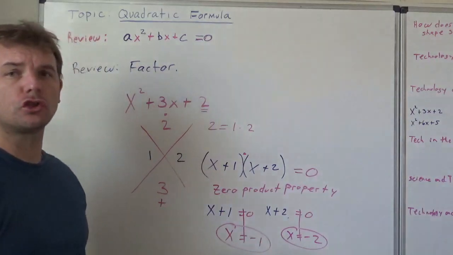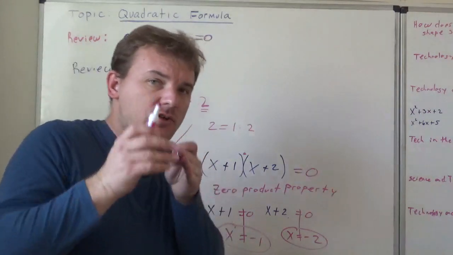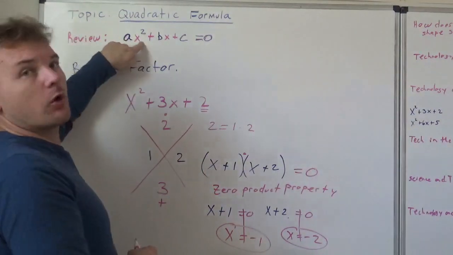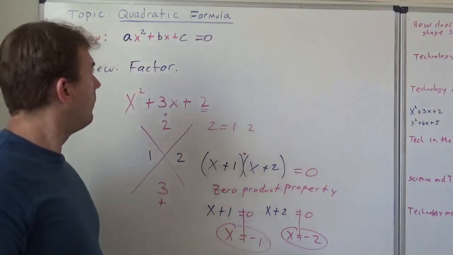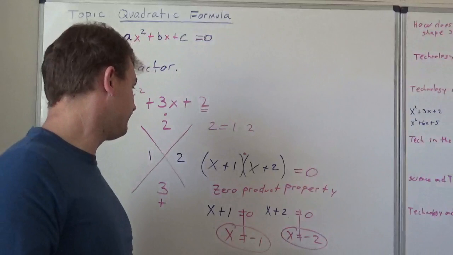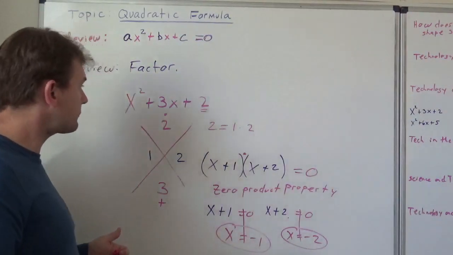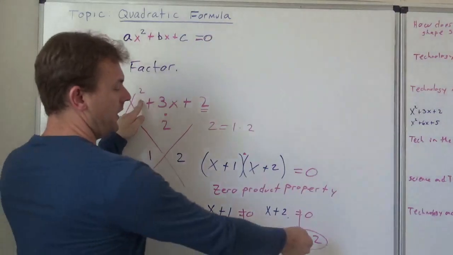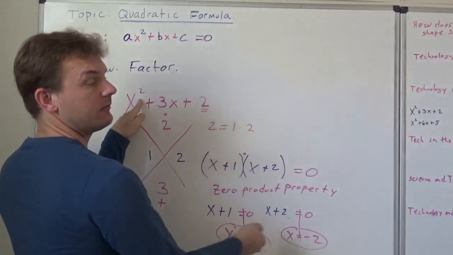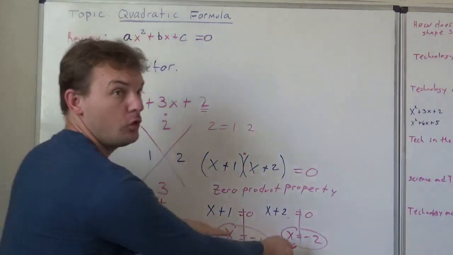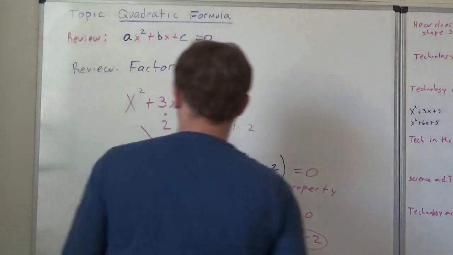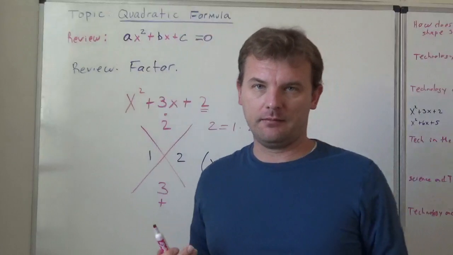You have two solutions. The reason you have two solutions is because you have a quadratic. And the reason that you have two solutions is because you have a squared. And you're probably wondering, what does that mean?